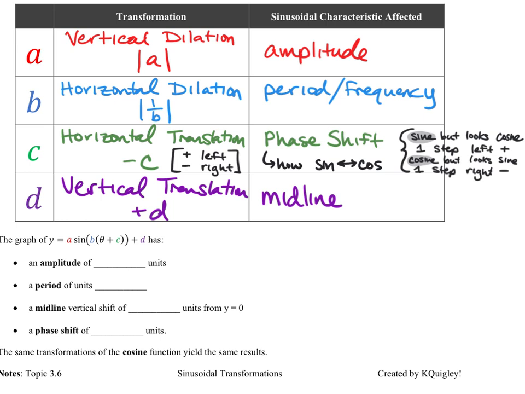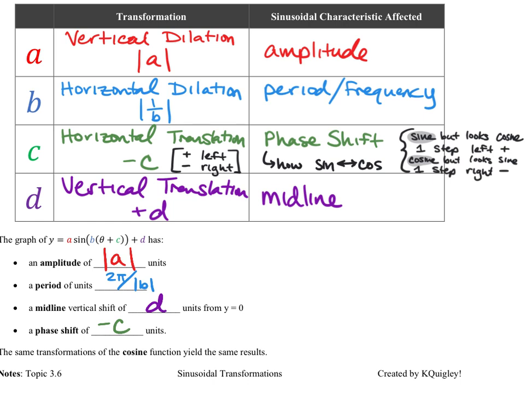The amplitude is just the absolute value of A. The period, this one has a formula, is 2 pi divided by the absolute value of B. The midline is y equal to D. And the phase shift has to do with the C letter. So all of the vocabulary I learned about for sinusoids, yes, I can get from the graph, but I can also get from the equation. I can know what's going to happen to my waves.